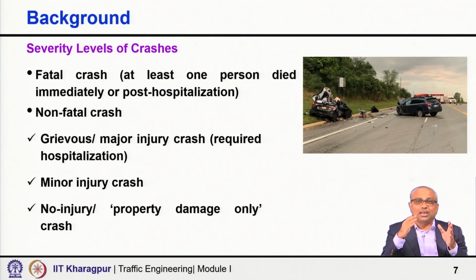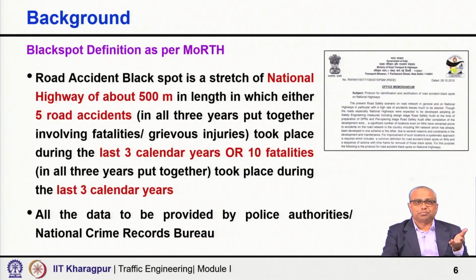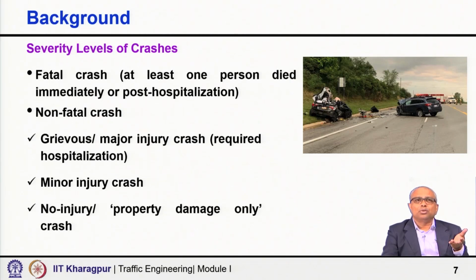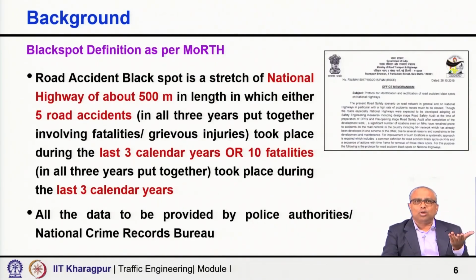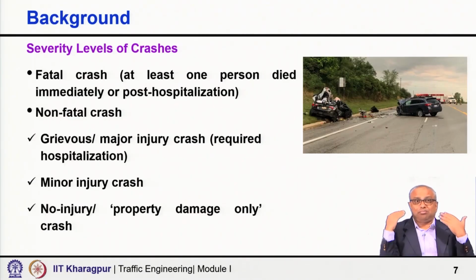A non-fatal crash can again be divided into 3 classes. First, grievous or major injury, which is probably the highest, where hospitalization is required. Second, minor injury crash, where only minor injury happened and no hospitalization is required.